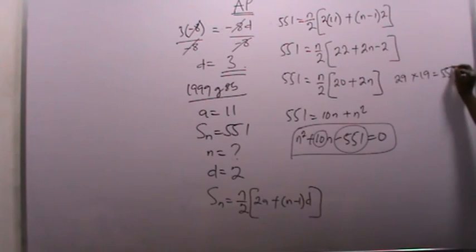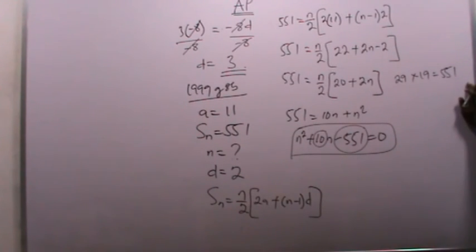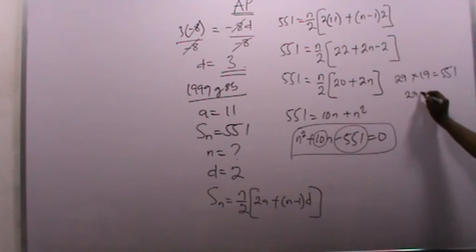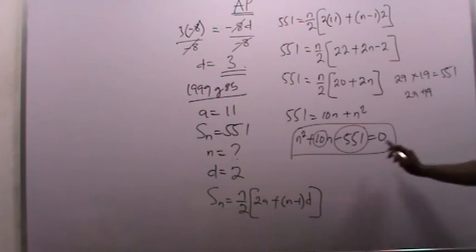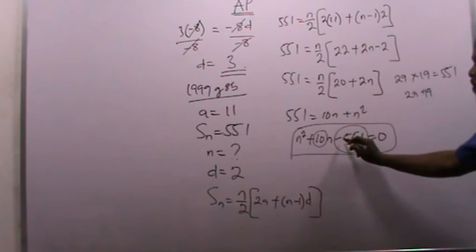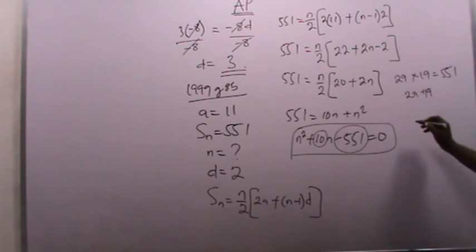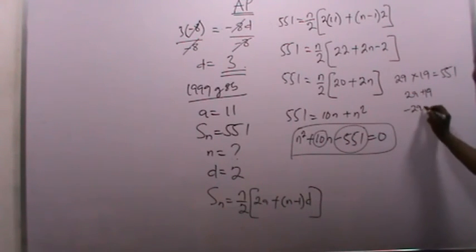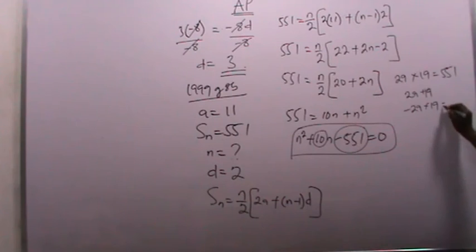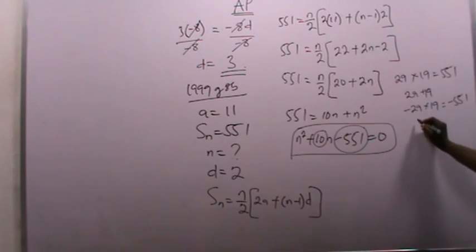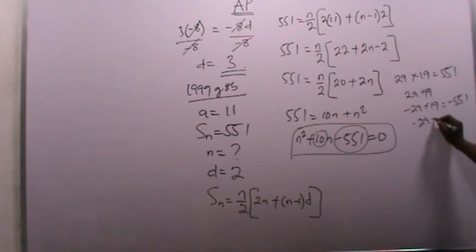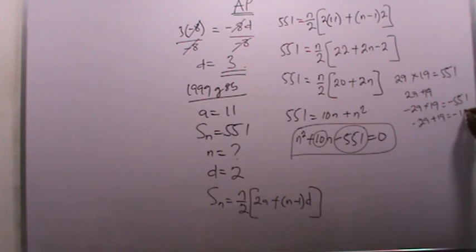This will give me 551. Now, if I say 29 plus 19, it can never give me 10. Now, what I'm looking for is minus 551. So if I say minus 29 times plus 19, I'm going to have minus 551. But if I say minus 29 plus 19, I'm going to have minus 10.